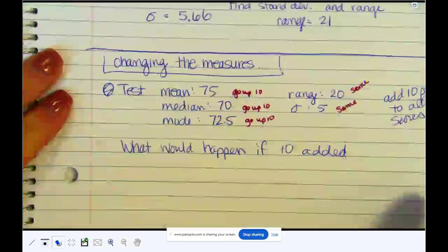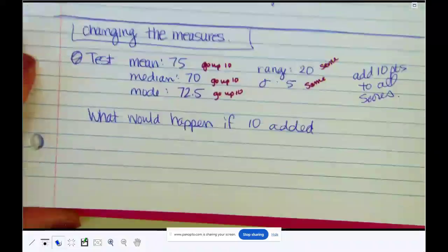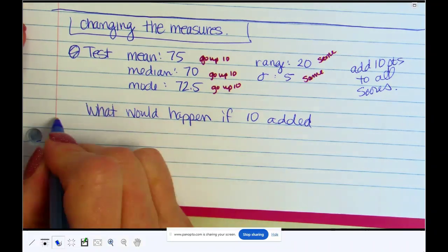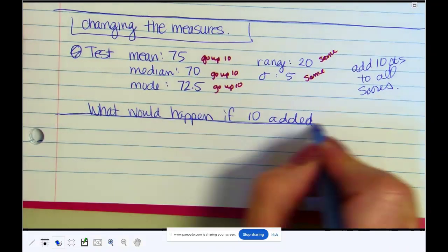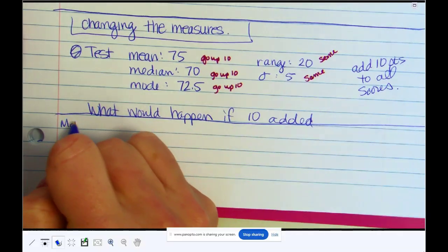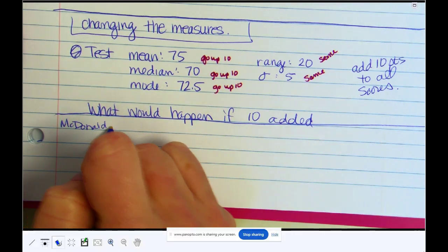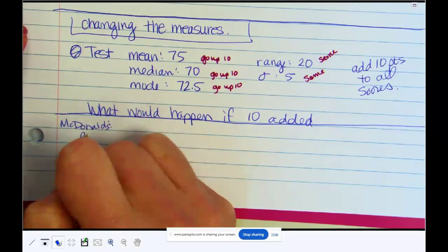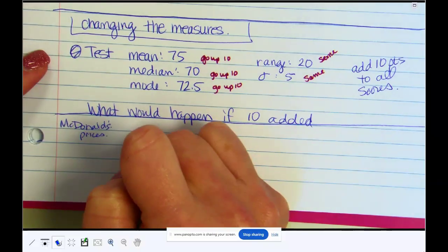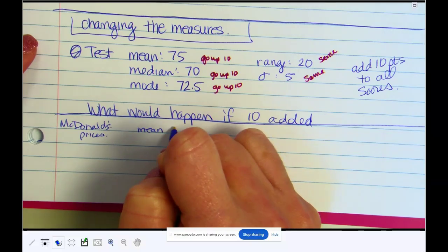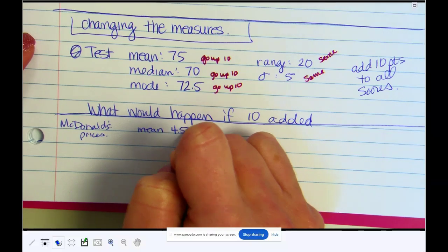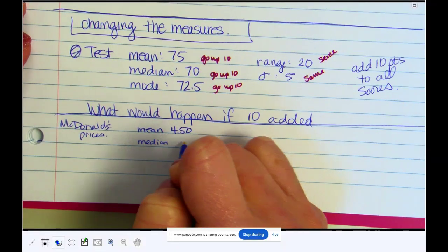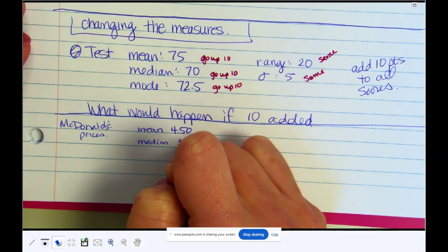So let's say, this would never happen in real life, but just saying. Let's say you like McDonald's. This is going to be McDonald's prices. Let's say their average price is $4.50. Their median price is $3.25. I'm making this up.